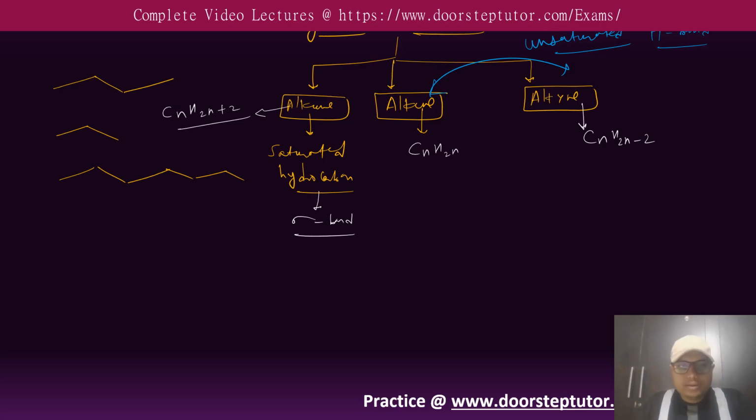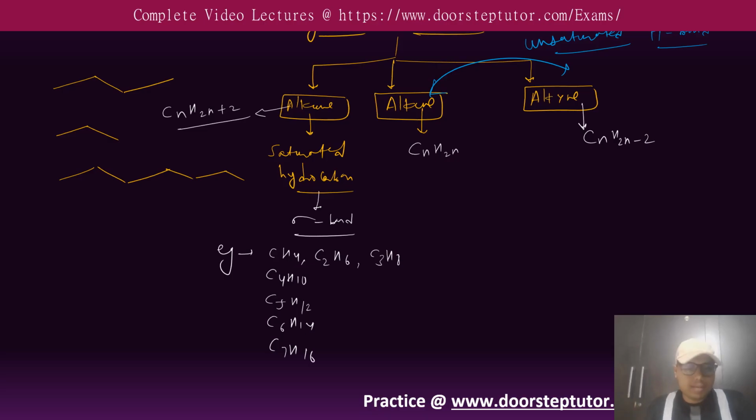When we talk about examples of alkanes, the first simple example would be methane. Then you can take further examples like ethane, C3H8, which is propane, C4H10, which is butane, C5H12, C6H14, and C7H16.